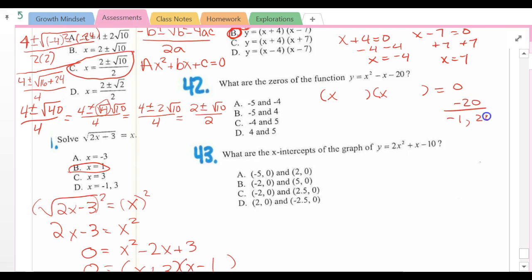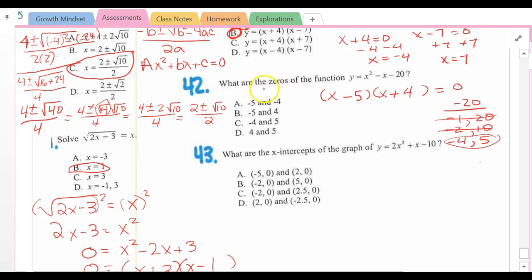So -1 and 20, -2 and 10, -4 and 5. And remember, I can switch those pairs, but I'm looking for the ones that equal -1. That will work if I make the 5 negative and the 4 positive. So 5 negative, 4 positive.